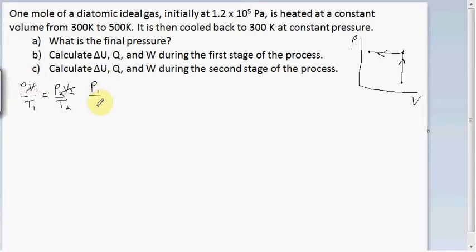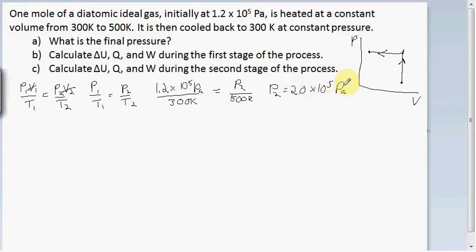So really I've got P1 over T1 equals P2 over T2. So this is 1.2 times 10 to the fifth pascals divided by 300 kelvins equals P2 divided by 500 kelvins. And this tells us then that P2 is equal to 2.0 times 10 to the fifth pascals.